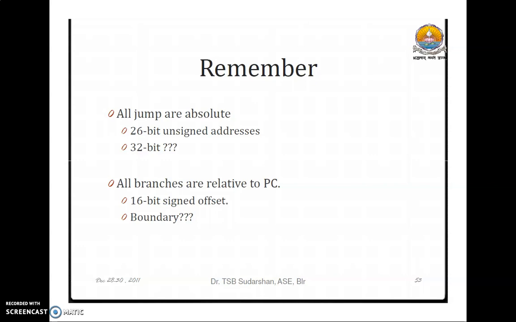Now let us look at how this 26-bit field, which is coming as part of the jump instruction, is converted into a 32-bit address. And also, if we use a 16-bit signed offset, what is the maximum limit that you can jump as part of a branch instruction? That we will also look at.